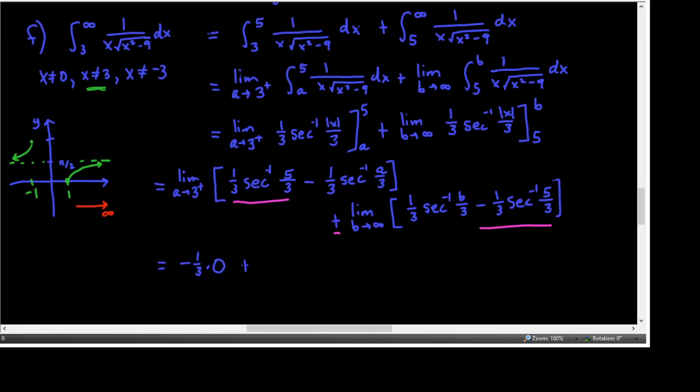Remember, it's 1/3 times the secant inverse of infinity over 3, which we just decided was pi over 2. And so the final answer is pi over 6. There you go. All right, that is the last example for this section, so I will see you in class.